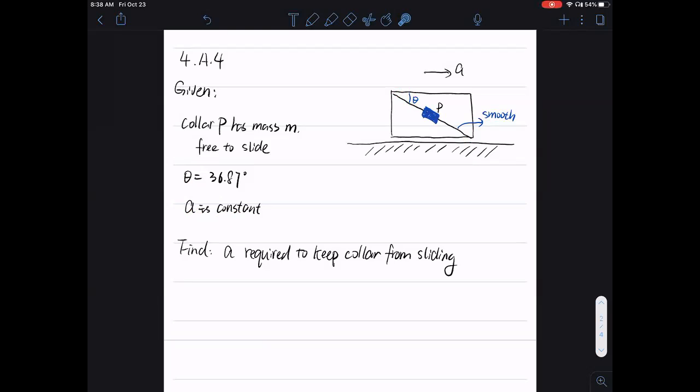Here, what we're trying to do is imagine you're moving that car at a certain acceleration and that block P just stays at that position without sliding up and down. So we're trying to find the required acceleration for that car to keep that collar P from sliding.